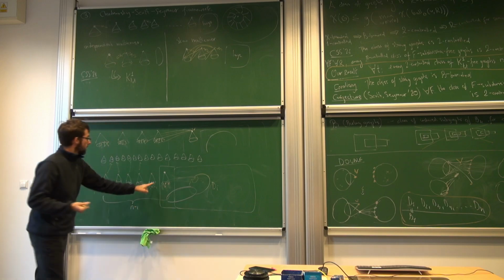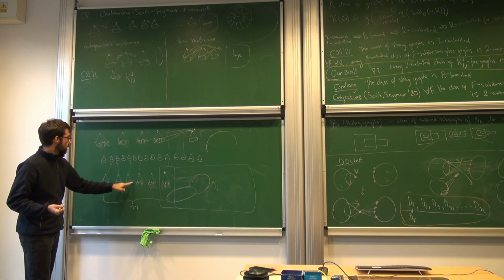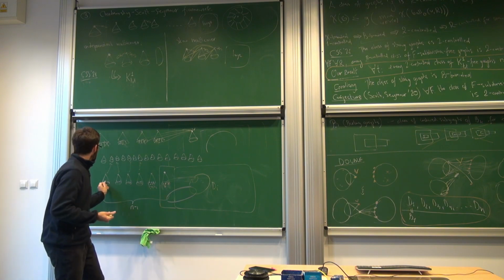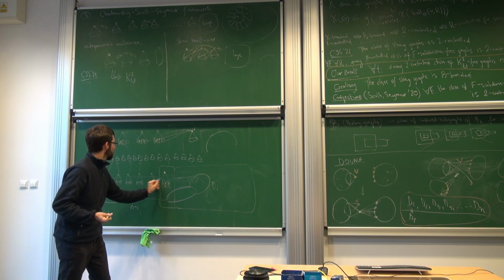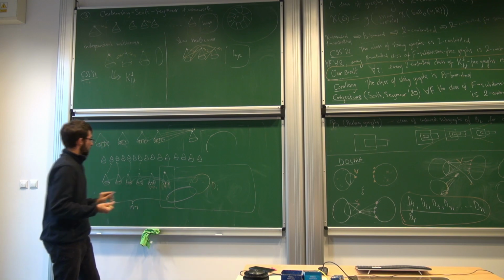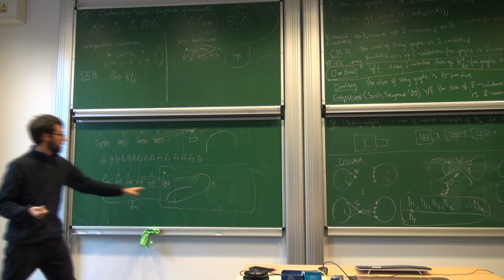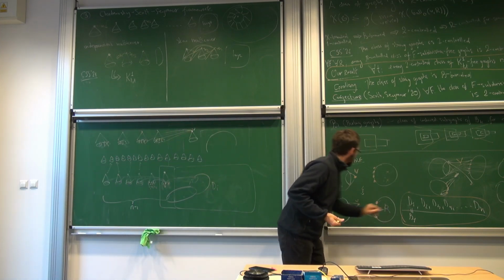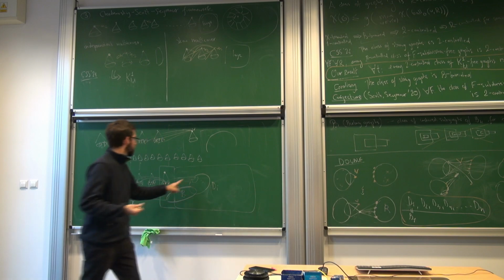I should again have their own copies here, here, here, here, and here, and they all should be adjacent to V. By non-active on the right, you mean those on the right? Yes, this is the right part, the right non-active part. So I want to find it somewhere here.